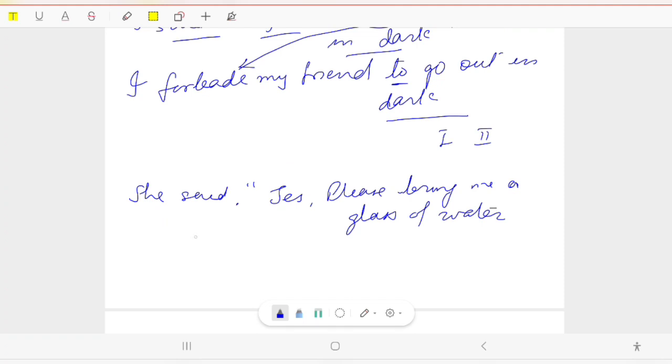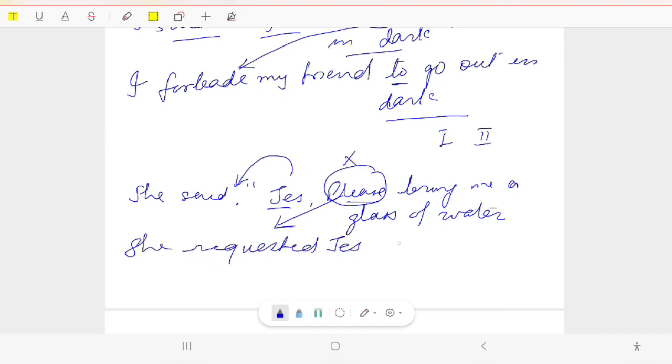Have a look at this sentence. She said, "Jess, please bring me a glass of water." Now it is "please," so we can write here, she requested. This Jess is part of, in a way, this place because a comma is used here. She requested Jess. "Please," its meaning has come here, so remove it. Connector "to."